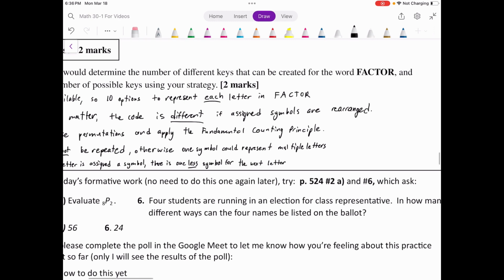Could even say, e.g., 10 options for F, 9 for A, 8 for C, etc.